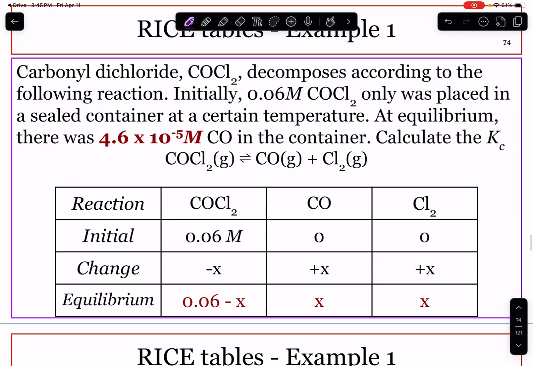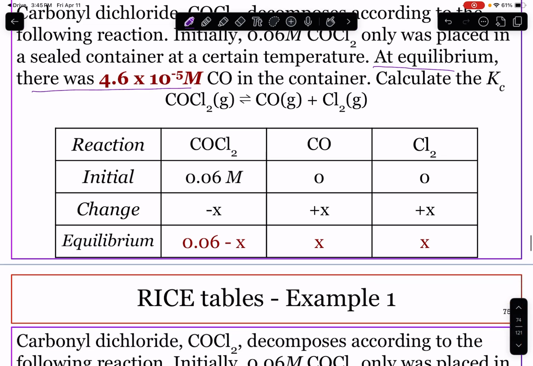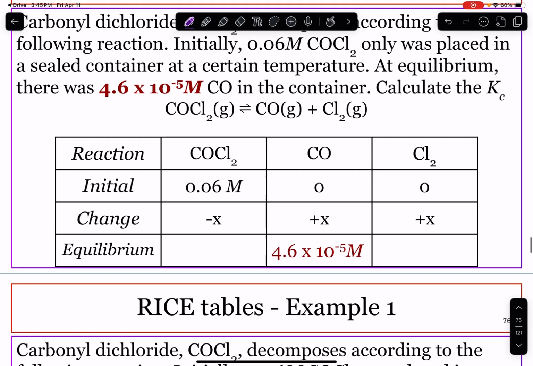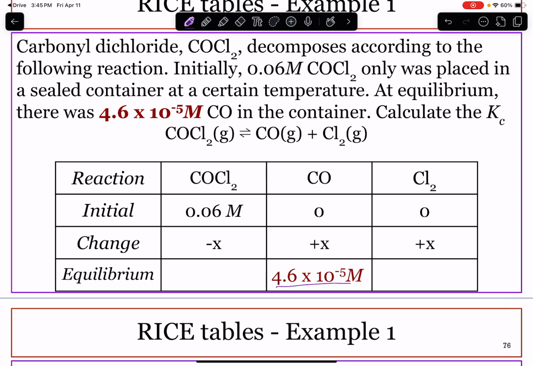So now let's notice the third sentence of the problem here. At equilibrium, there was this value of carbon monoxide in the container. So that means this whole box can be replaced with 4.6 times 10 to the negative 5.